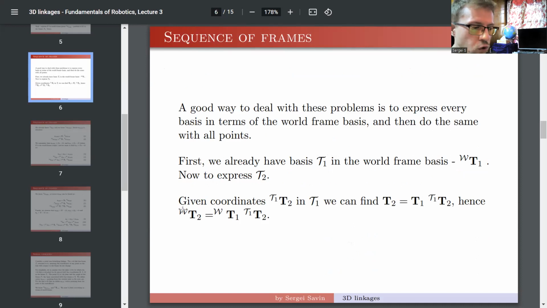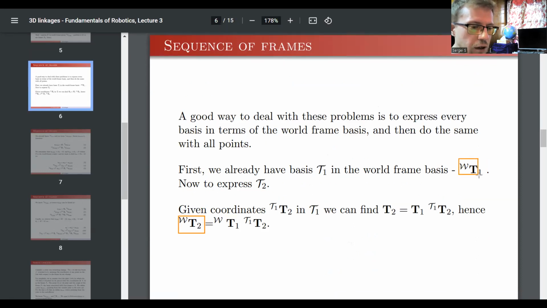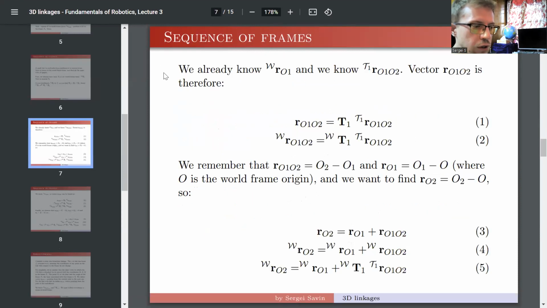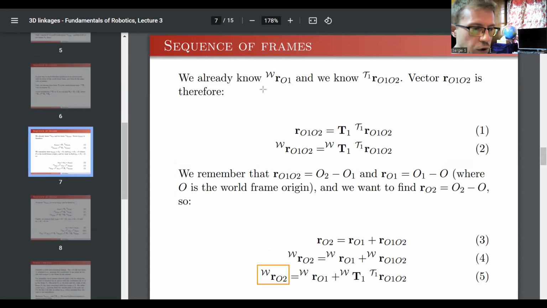So find omega T1, omega T2, all of those things. That is the first step. Second step, express all relative vectors, so positions of all origins in terms of the world frame. So ideally find omega O2, you already knew omega O1, but those things.